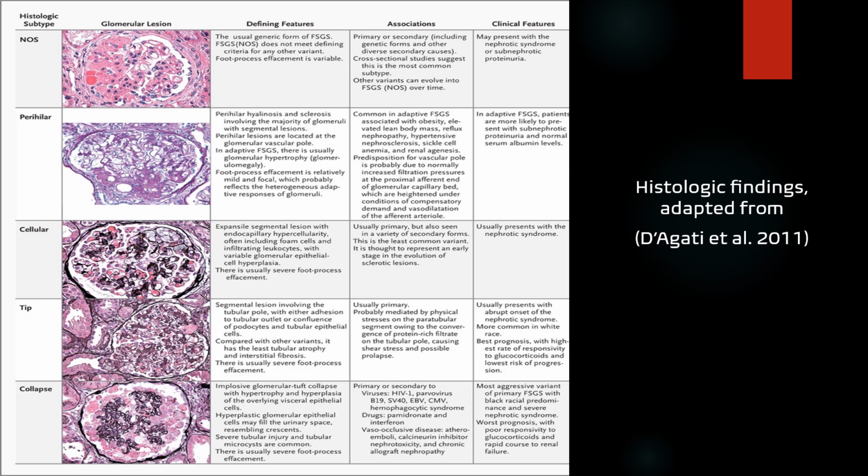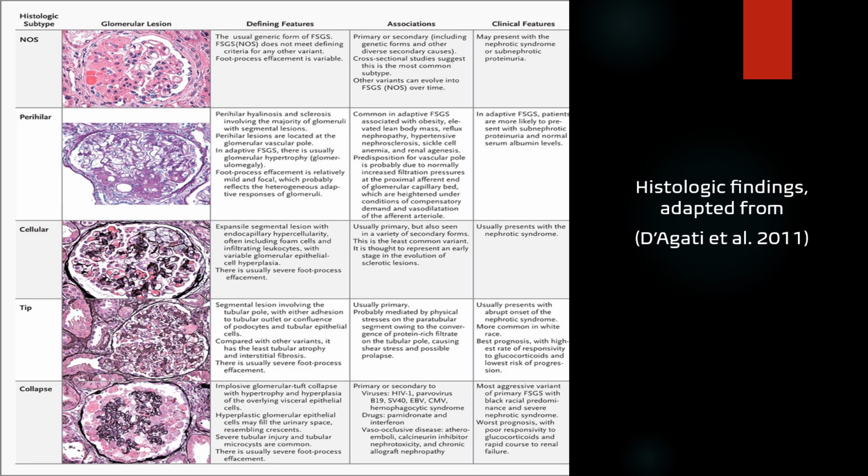Then there are the defining features and associations, and the clinical features that are linked to the form of glomerular lesion. Alongside the glomerular lesion, in the left-hand column, there is a histological subtype.